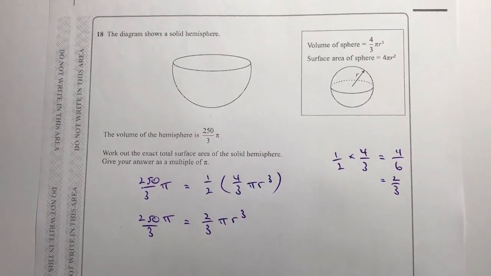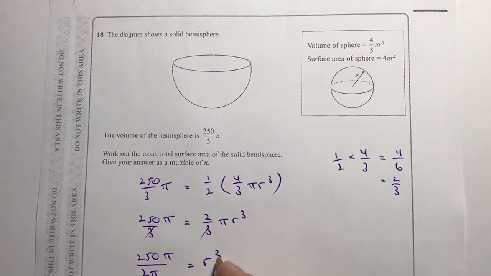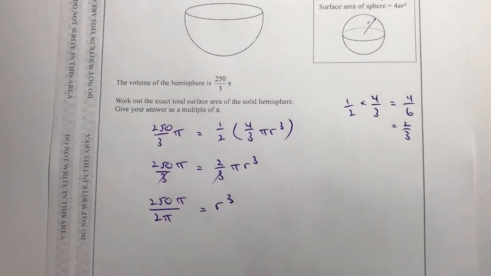So now I can multiply through by 3 both sides, and then I've just got 250 pi equals 2 pi r cubed. Okay, so if I just divide through by 2 pi, I get 250 pi divided by 2 pi equals r cubed. Hope that's all right for you.